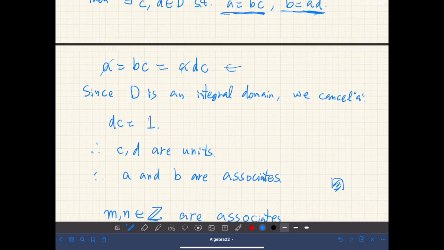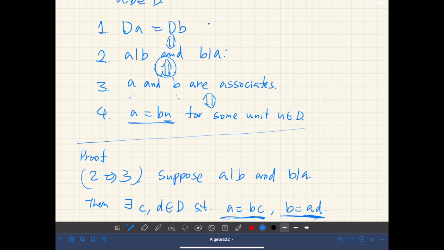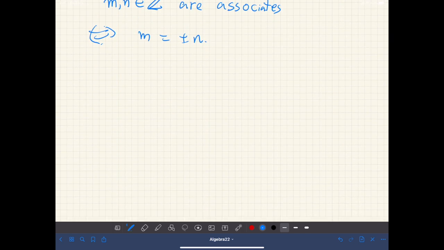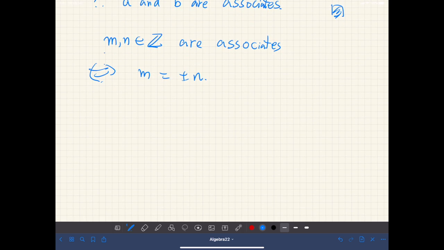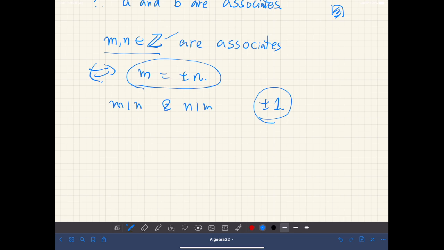According to the previous lemma, A and B are associates if and only if A divides B and B divides A. So in the case of integers, m divides n and n divides m indicates this is the only possibility. And in the integer ring, the only units are plus or minus 1, because only these integers are invertible within the integers.